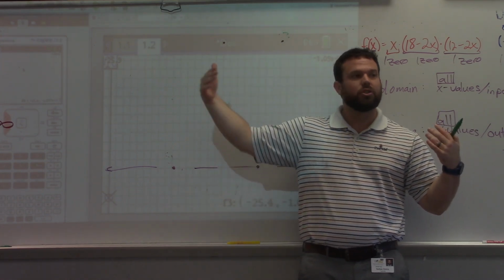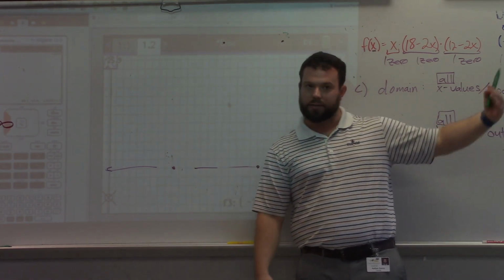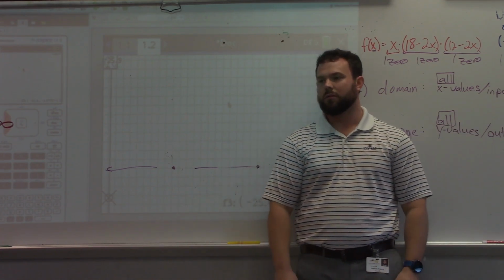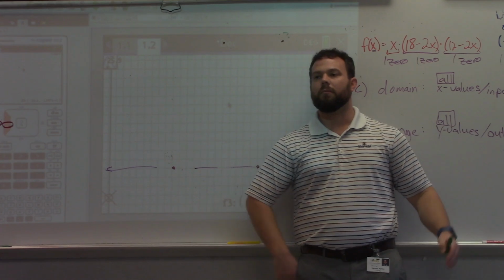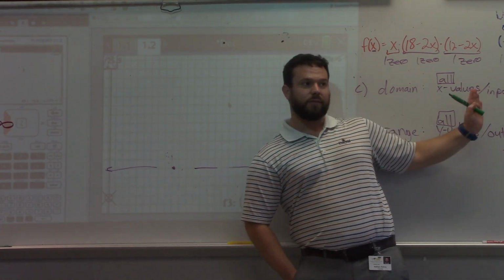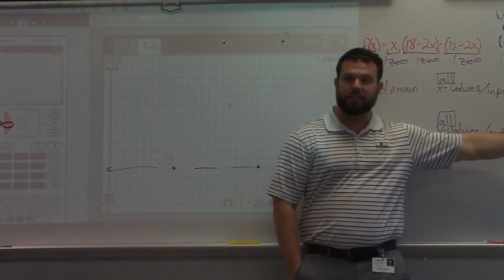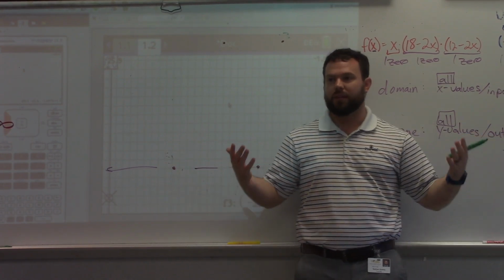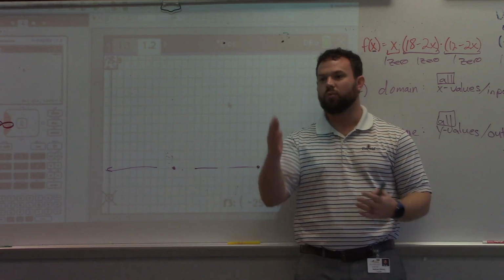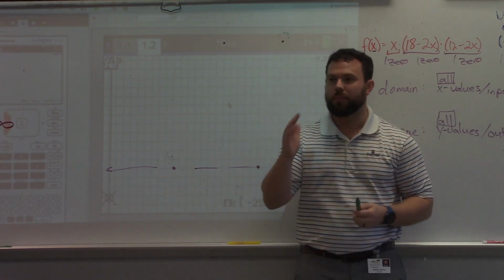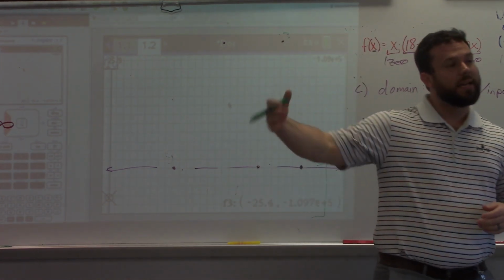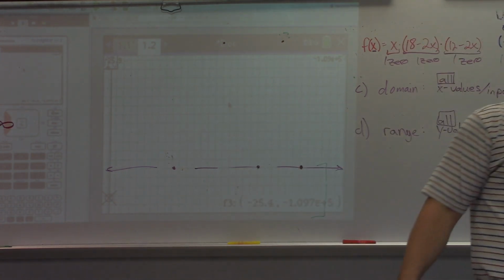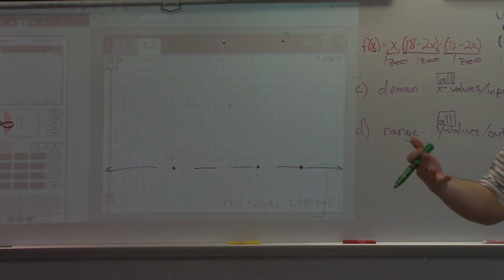Are my x values just negative infinity and just positive infinity? It says x values. So the minimum is negative infinity, the maximum is positive infinity, and it's everything in between. I need us to pay attention to this, right? The minimum was negative infinity, the maximum was infinity, but we also had all the stuff in between, didn't we?